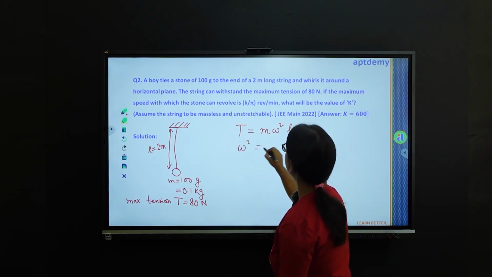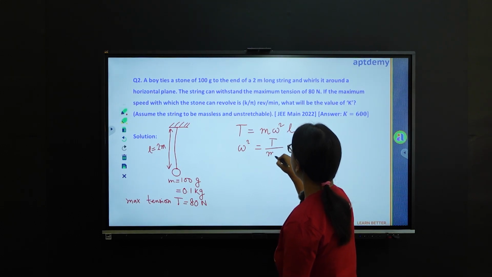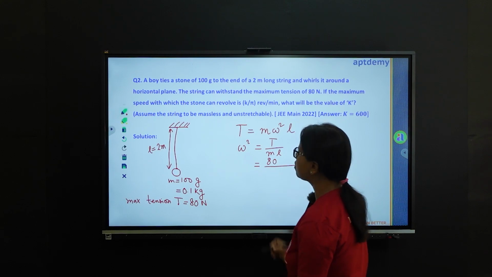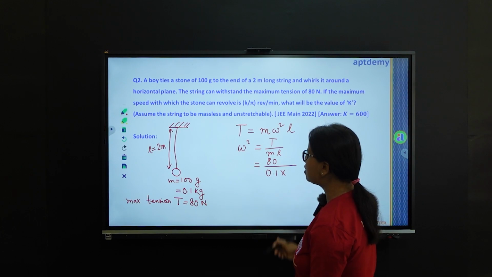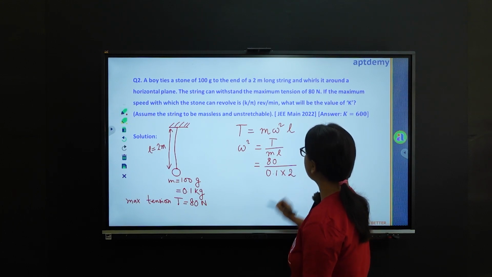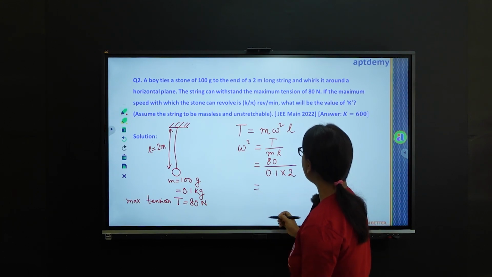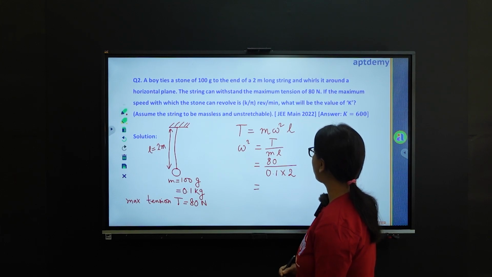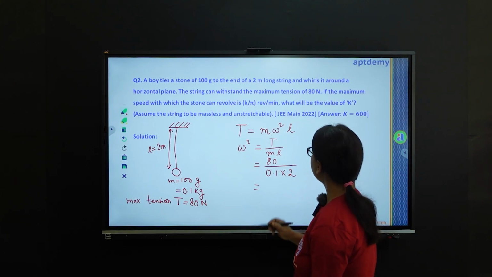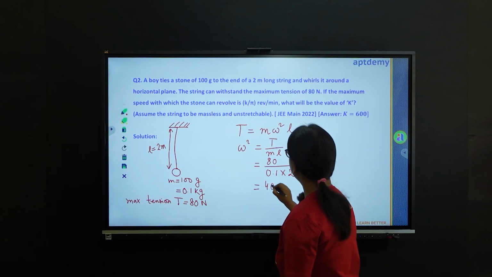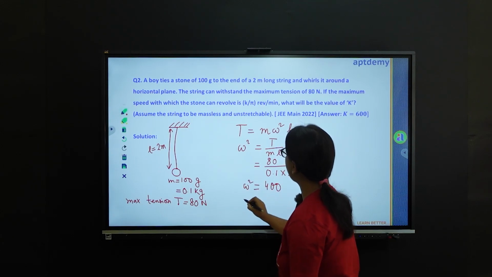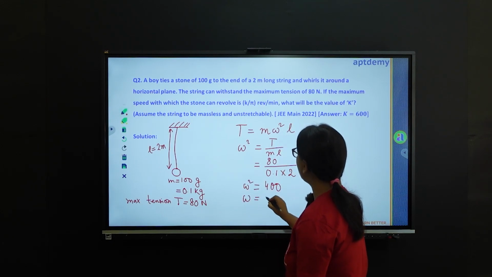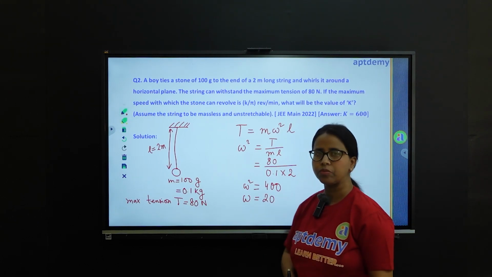So omega square will be equal to T by mL. We have T as 80 in SI units, we have m as 0.1 and L as 2 meters. So all are in SI units now. So we can work this out. We have 0.2. So omega squared is 400 and omega will be equal to 20.